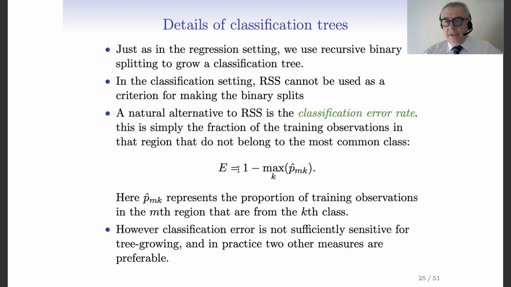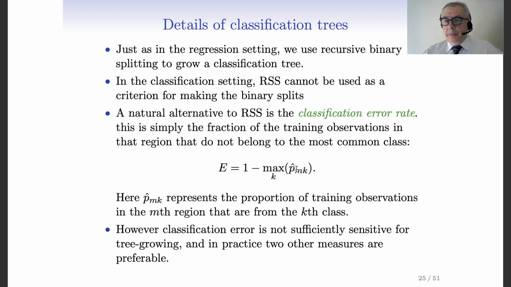So the definition is 1 minus the max with respect to k, where k is the kth class, of p hat mk, and p hat mk is the proportion of training observations in the mth region that are from the kth class. So the ideal case is that in the given region, in the mth region, all the training data belong to the same class.